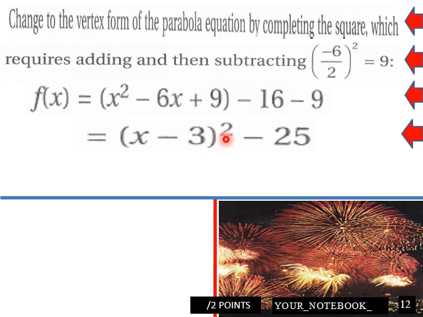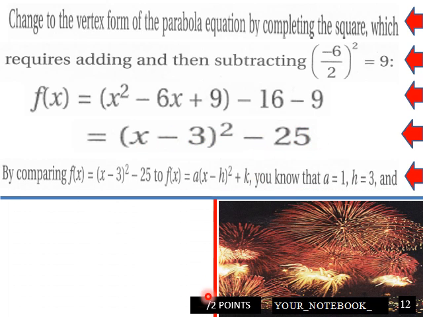So x minus 3 squared minus 25. By comparing this quadratic to this quadratic here, you know that a equals 1 and h equals 3. So a is 1 out here, and then h is 3 here.